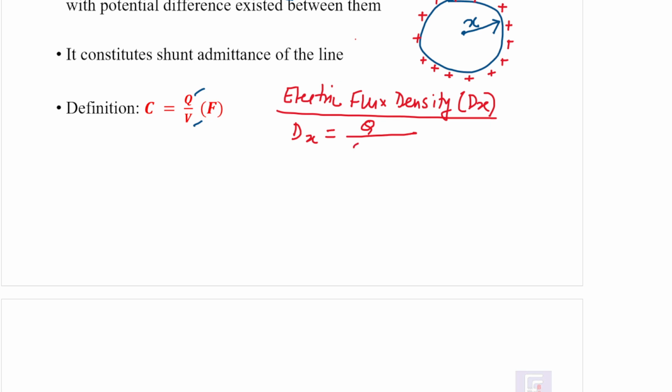Now what is the area? It is 2 pi x into 1. Why 1? We only consider the cross-sectional view, that is why h becomes 1. So due to that reason, we can write Dx is equal to q by 2 pi x.